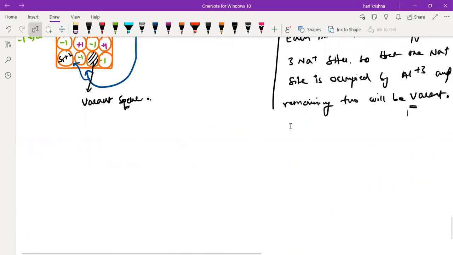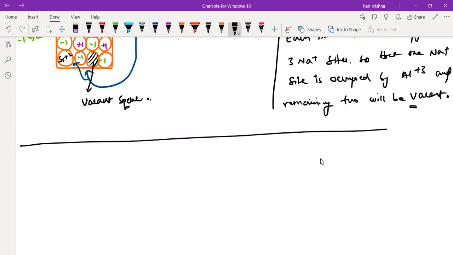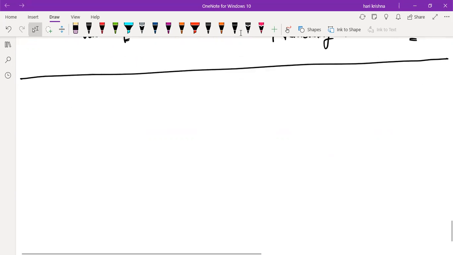So next one is the, just wait a minute. So after this, we'll study about the electrical properties of the solid. Can you see the screen first?